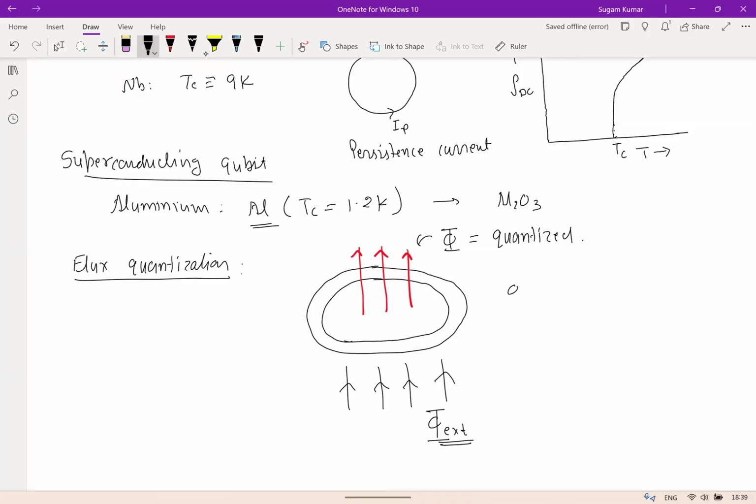So this phi, the flux through this loop, is equal to n times phi naught. This phi naught is called the fluxon, or fluxoid. Technically, this is the flux quantum, and its value is h upon 2e.